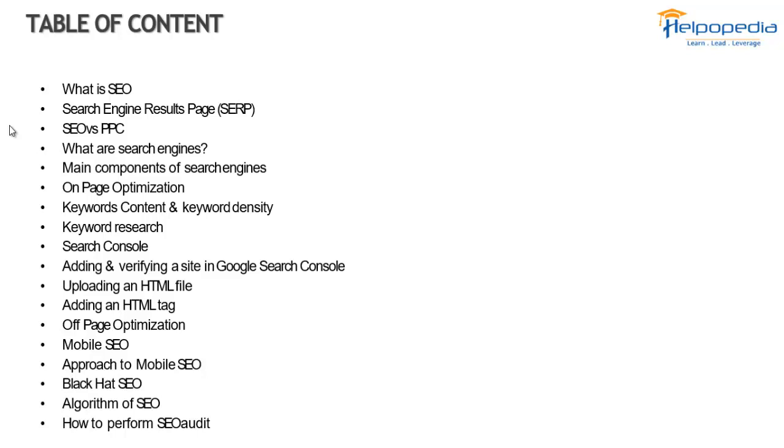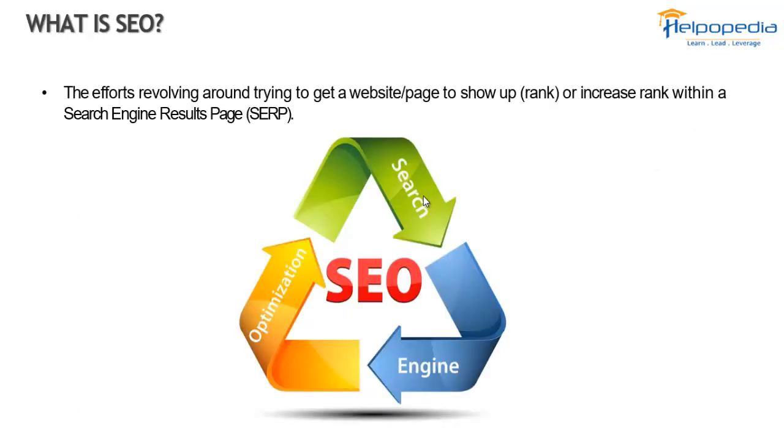So the rest of them are other modules, so we'll be learning. So on this page what we'll be seeing is all these things plus off page optimization and mobile SEO. These are the things that we are going to see.